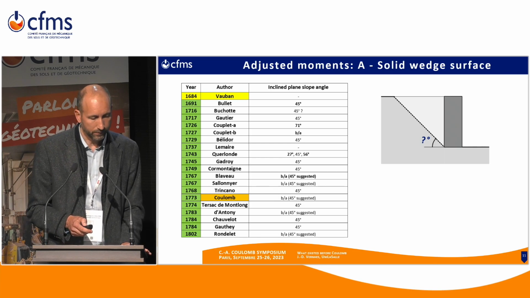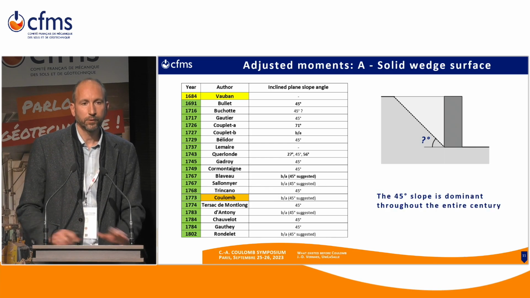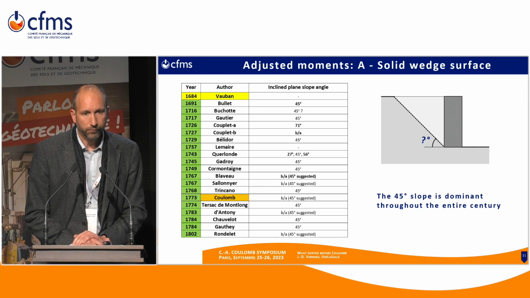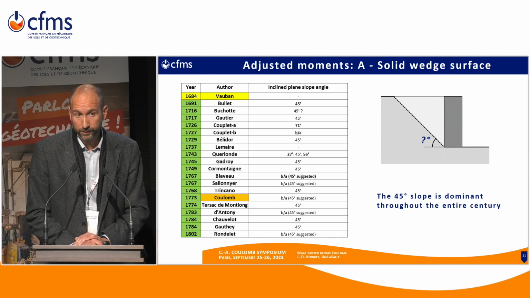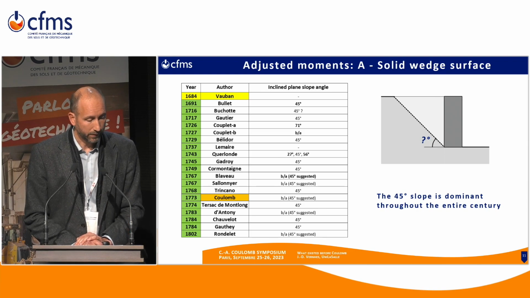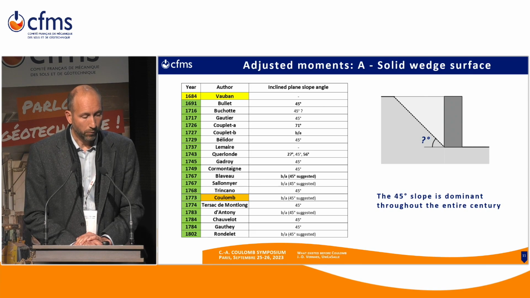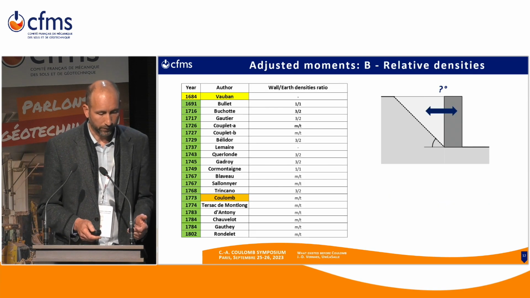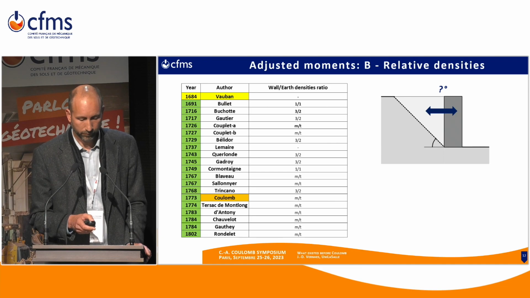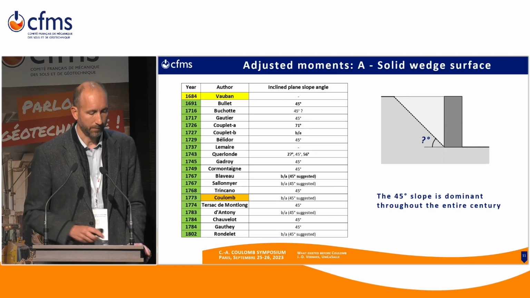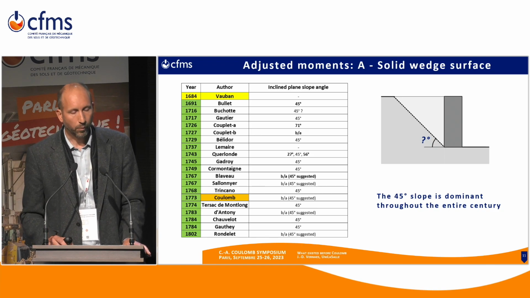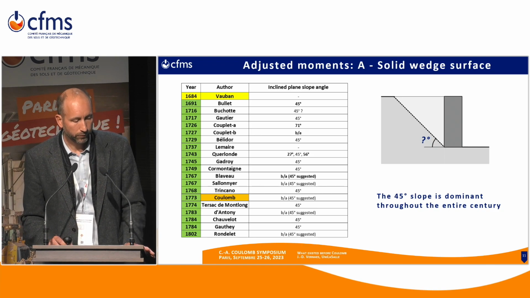And what we see here is that the 45 degrees slope is dominant throughout the whole century. Even Coulomb used it, in fact, for his numerical application. And even though sometimes they leave it up to the reader, whenever they want to use a value for the numerical applications, it's always the same one.